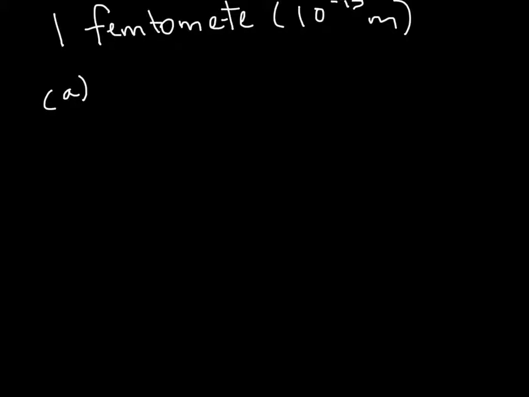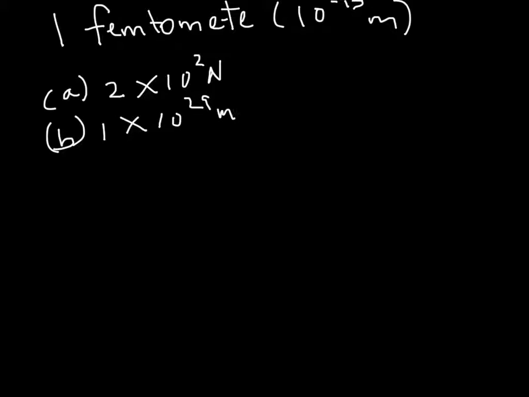To part A, you're finding the electrical force, and you should get 2 times 10 to the second newtons, or 200 newtons, and B, the acceleration between them would be 1 times 10 to the 29th meters per second squared.